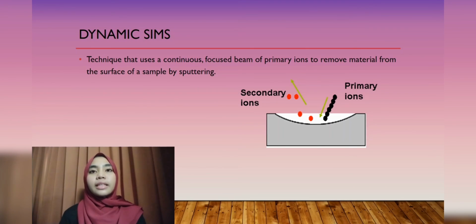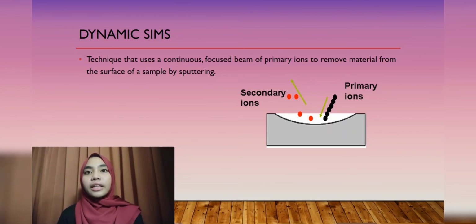For dynamic SIMS, the primary ion beam exceeds the static limit and produces a high yield of secondary ions. This technique is used for bulk analysis of elements and isotopes, and is particularly well suited for analysis of isotopes and trace elements in minerals.